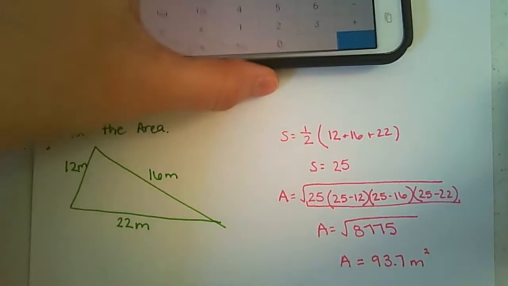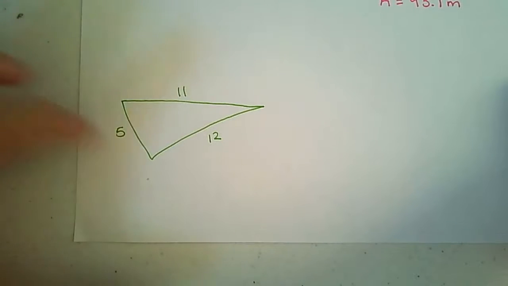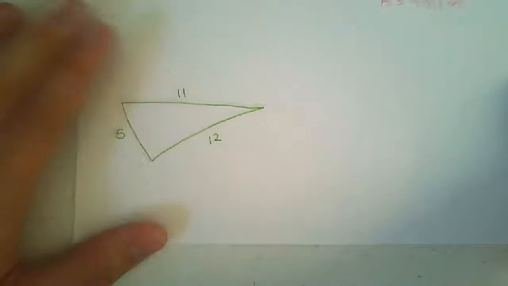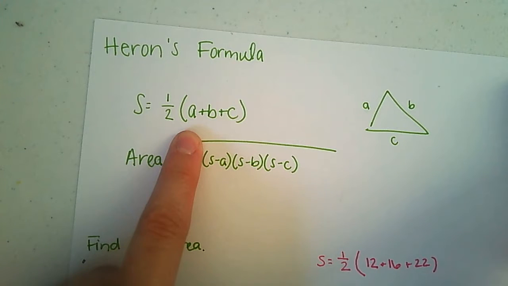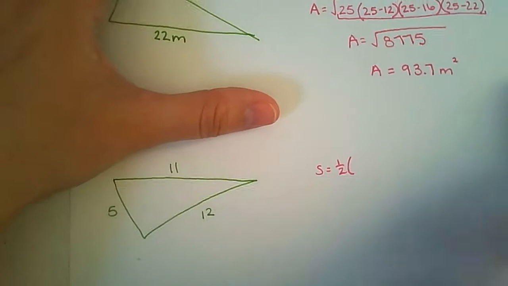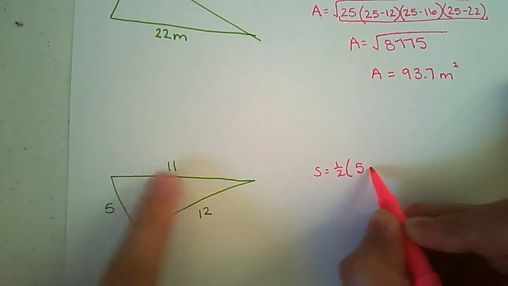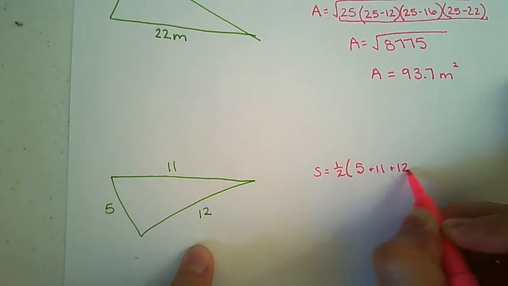All right, let's go ahead and do another one. So this triangle looks like we have side lengths 5, 11, and 12. Again, first thing we want to do is find our S value. Again, it's half the perimeter. So we'll have a half times all of our sides added together. So 5 plus 11 plus 12.